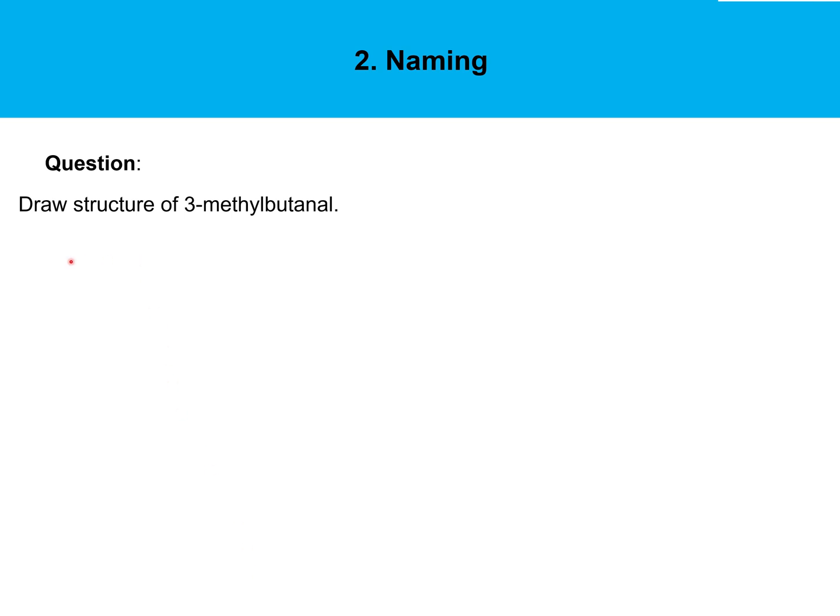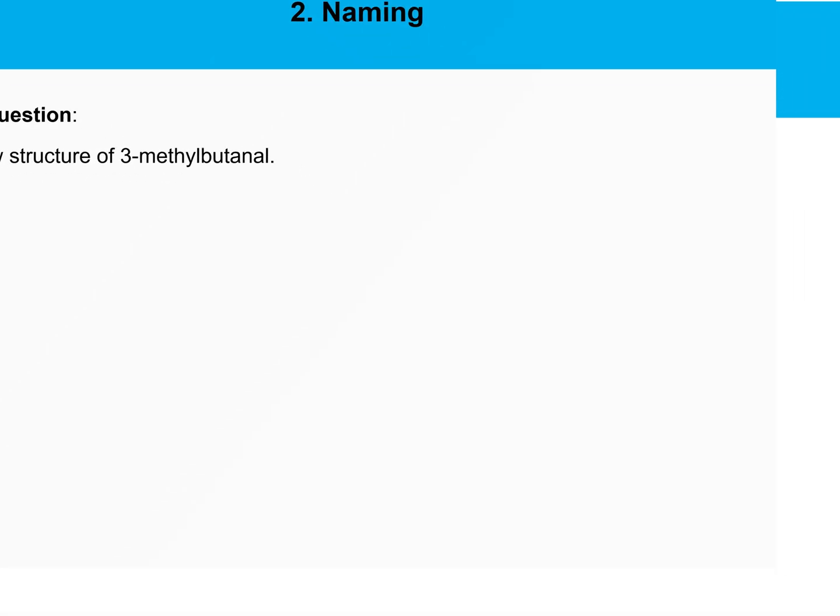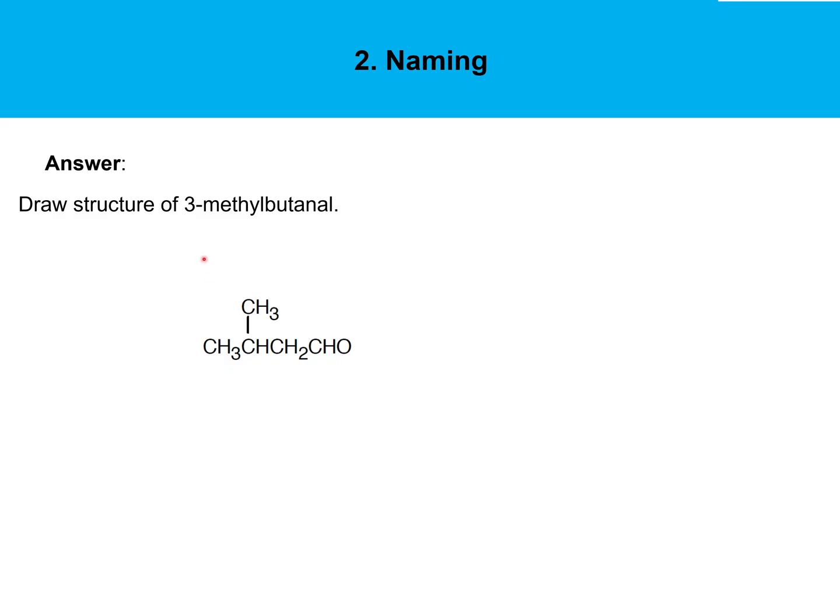This question here asks us to draw the structure of 3-methylbutanal. So I encourage you to try that out before looking at the answer on the next slide. 3-methylbutanal is a very simple aldehyde. Based on the name, you can tell that it is going to have 4 carbons.